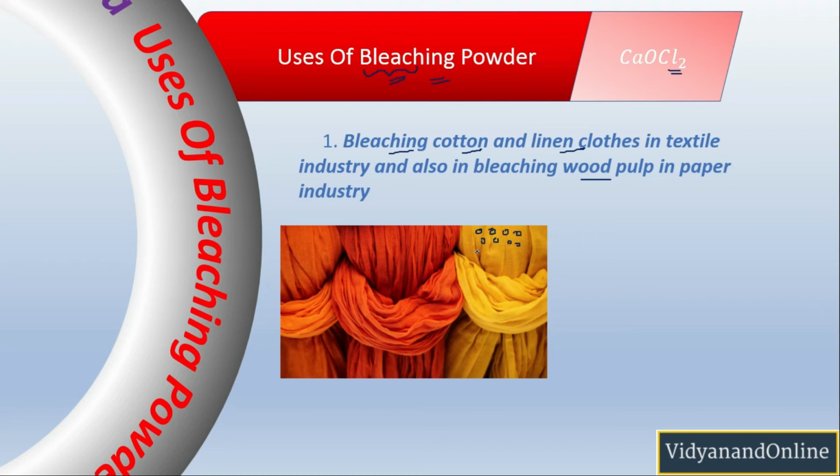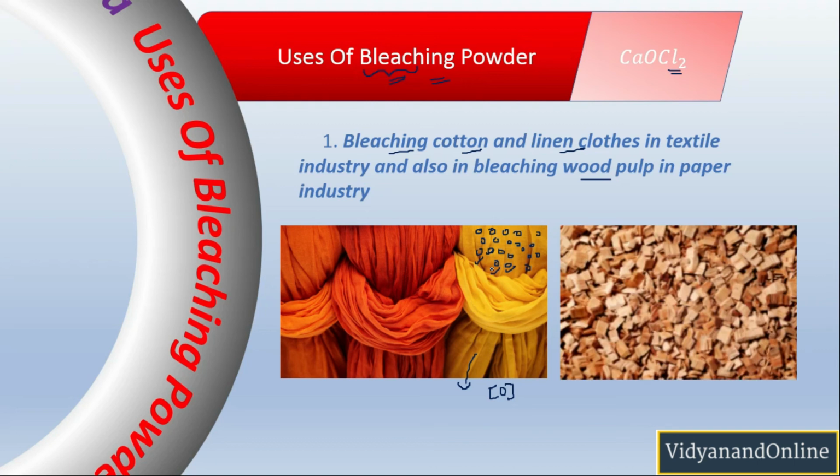So the yellow dye molecules must have stuck on this dupatta, because of which it is now yellow in color. Now if you put this into the bleaching powder solution, then you will get nascent oxygen, the way I told you before, and this nascent oxygen oxidizes these dye molecules in order to give a much lighter shade, right?